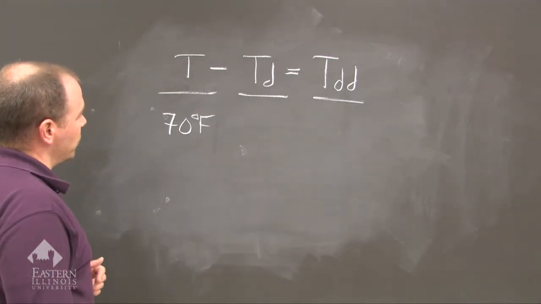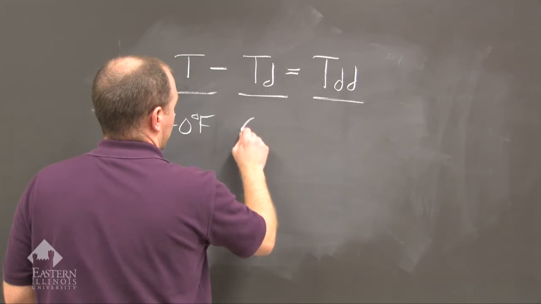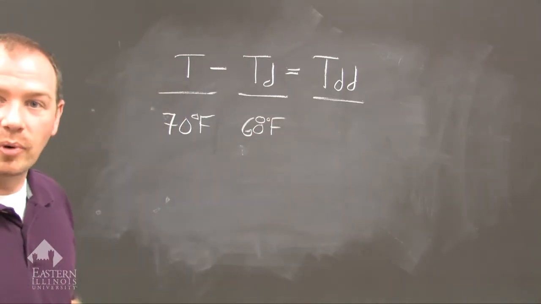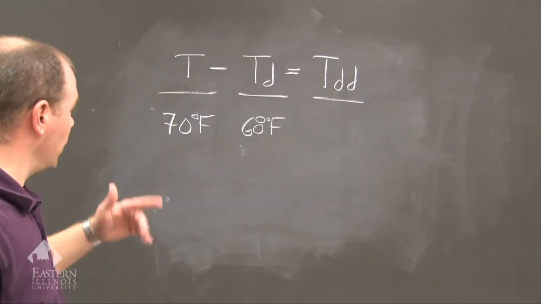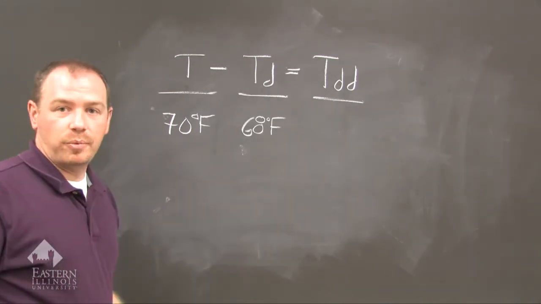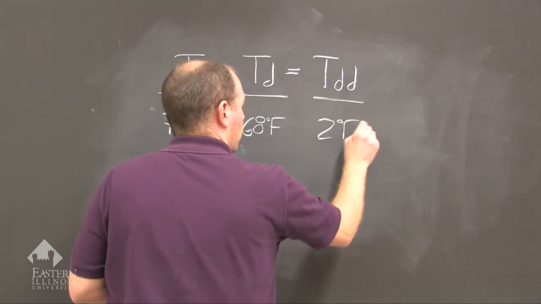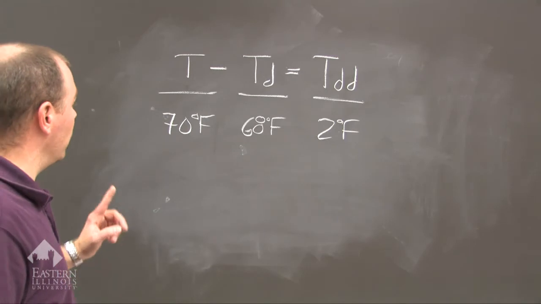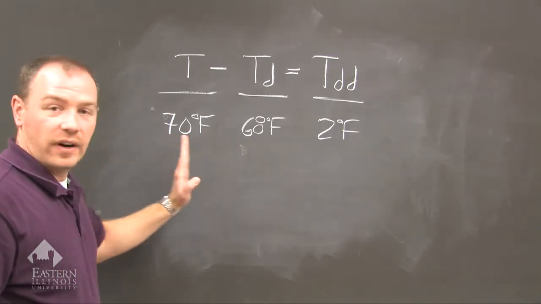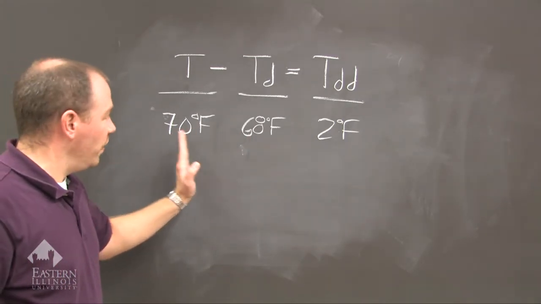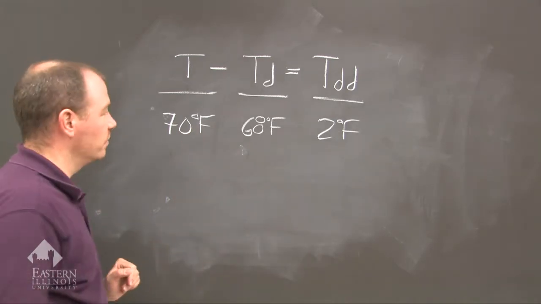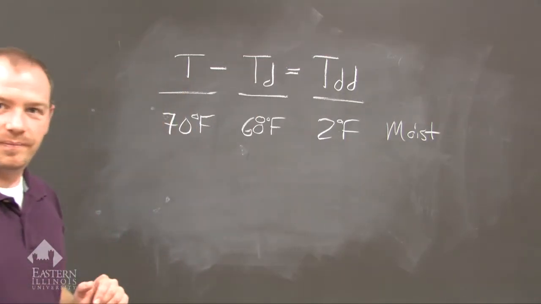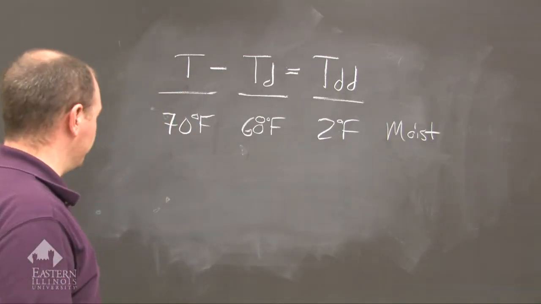And if I put this dew point at 68 degrees Fahrenheit, dew point is expressed as a temperature, then the dew point depression is 2 degrees Fahrenheit. Now, these two numbers are very close together. When these two numbers are close together, then it is a moist environment.